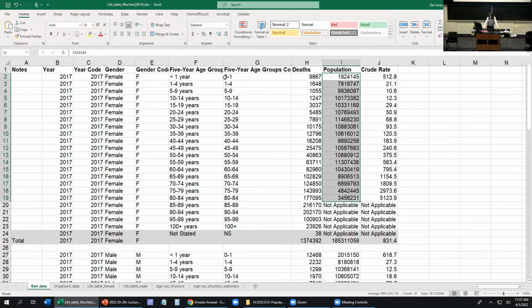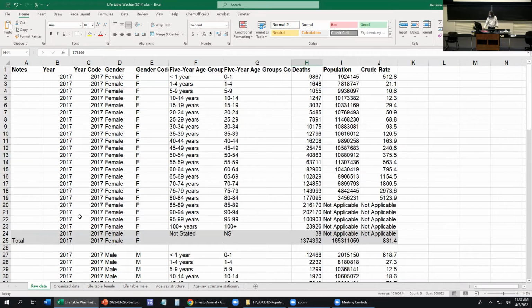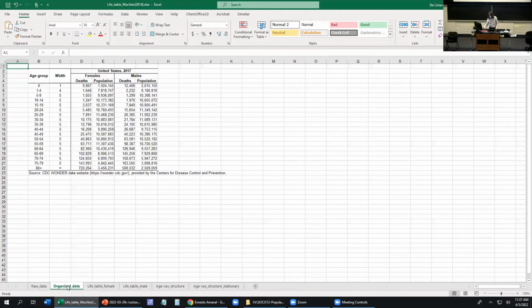And we have from 0 to 1, so we can calculate mortality rate, 1 to 4, and then until 80 plus. And for 80 plus, I will add these last deaths from 80 to 100 plus, both for men and for women. So based on the information from this table, I organize it.